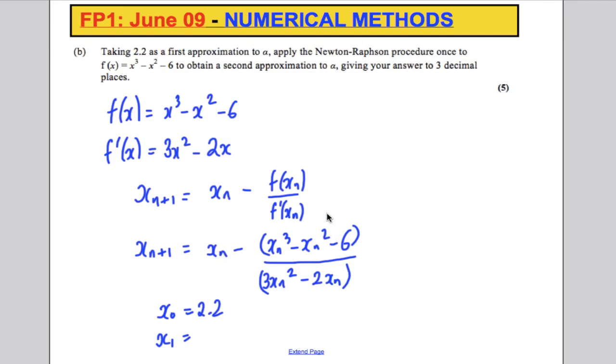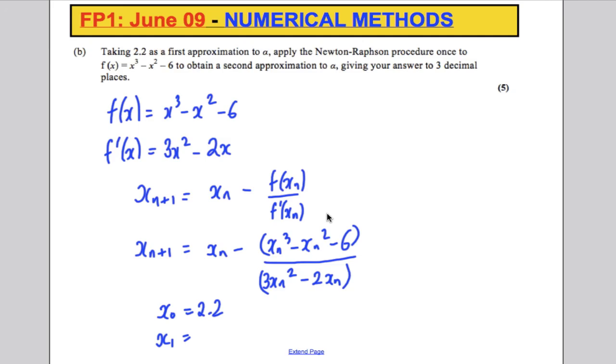So it's just a calculator exercise here. All you've got to do, 2.2 subtract, use the fraction facility, 2.2 cubed subtract 2.2 squared subtract 6 divided by 3 times 2.2 squared subtract 2 times 2.2.